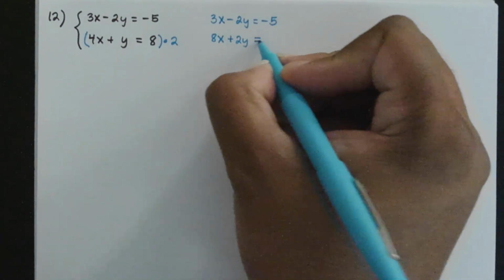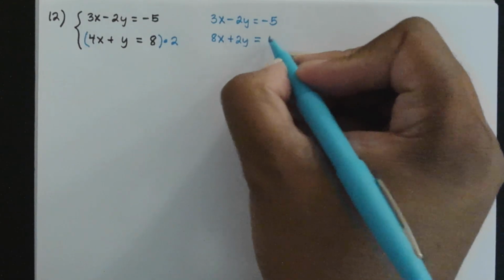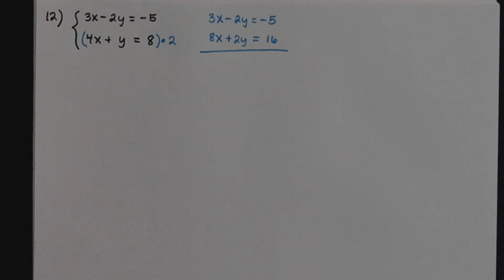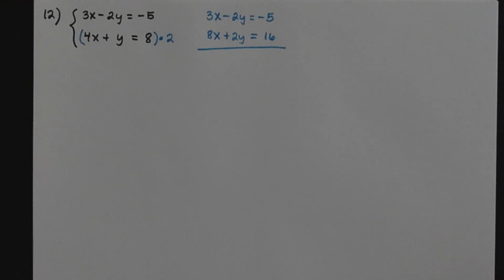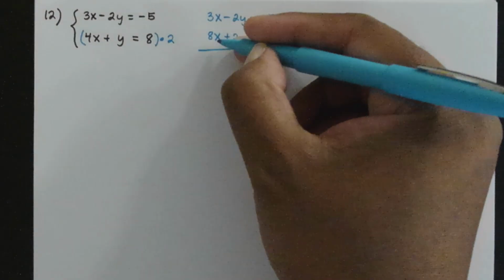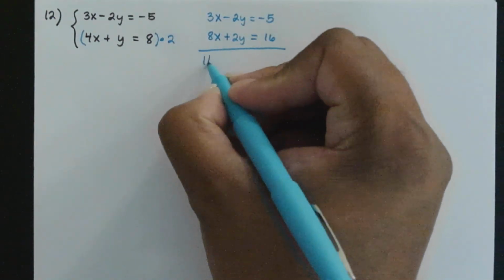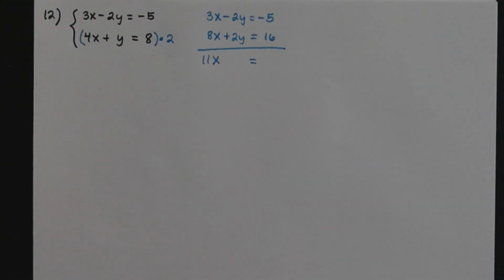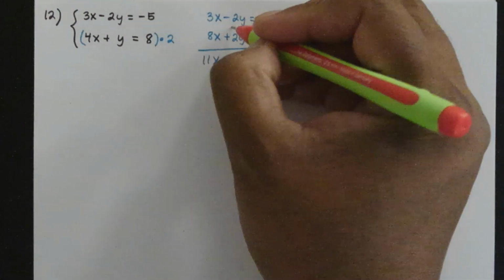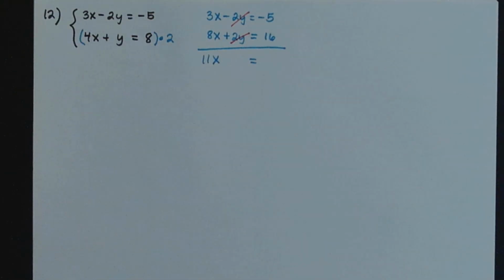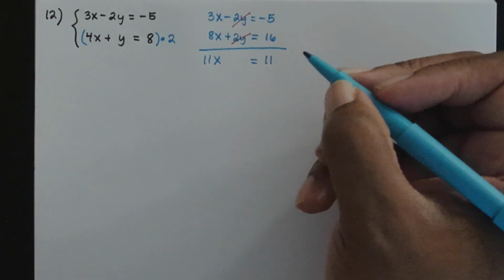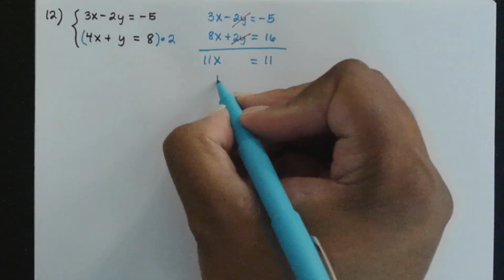And then that's equal to 2 times 8, which is 16. Now we can add these two equations together. So here, 3x plus 8x is 11x. And then that's equal to, I already know what the minus 2y and the plus 2y is going to do. Add to 0. They're gone. So negative 5 plus 16 is 11. So I have 11x is equal to 11.